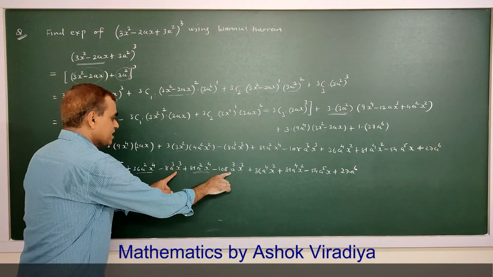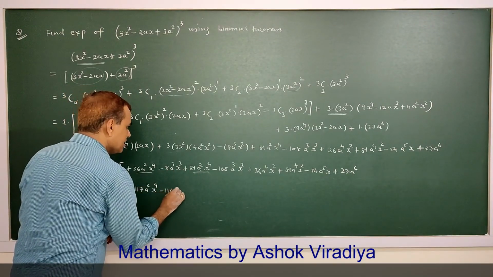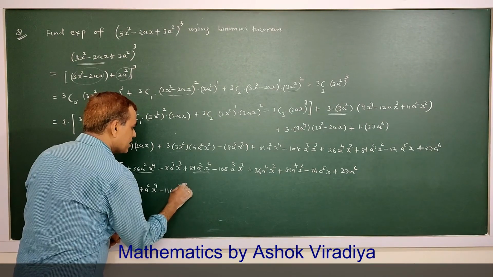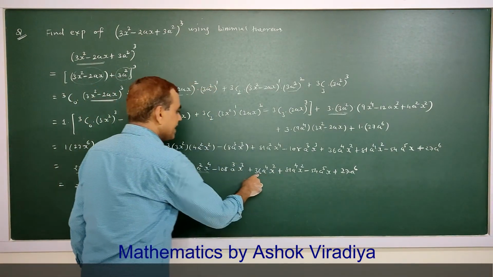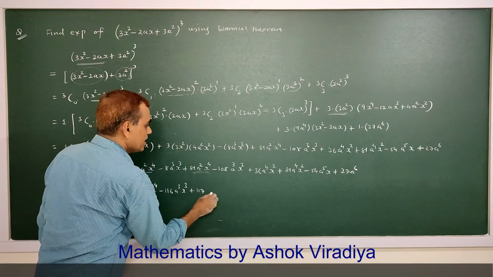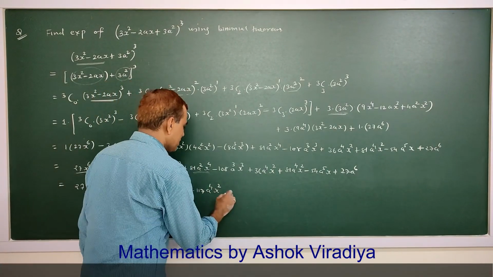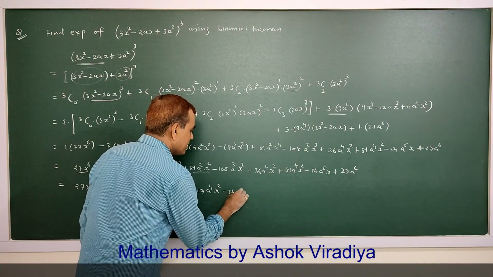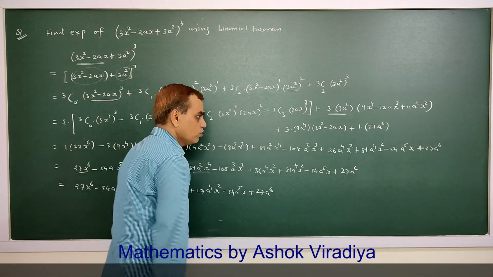Then these are with x cube, 108 and 8, minus 116a cube x cube. Then these are with a raised to 4. So again this is 117a raised to 4 x square minus 54 times a raised to 5 into x plus 27a raised to 6.